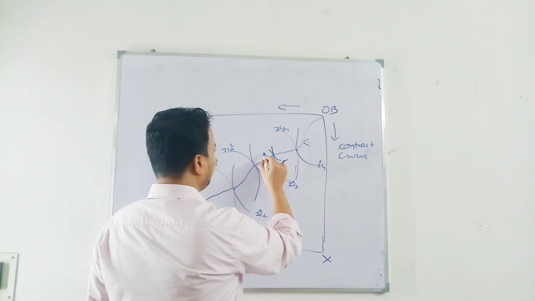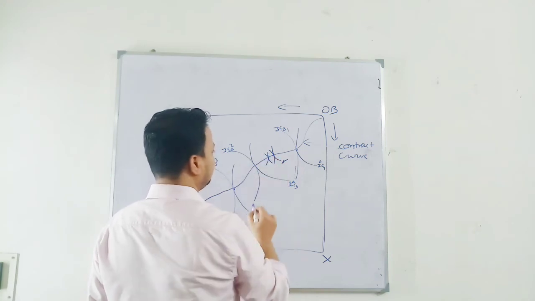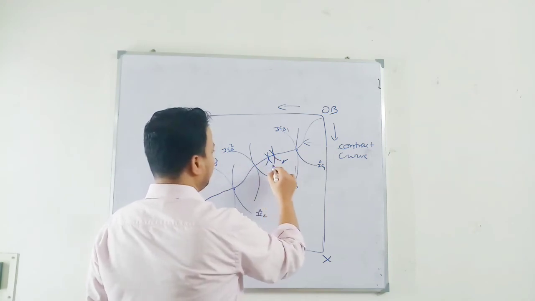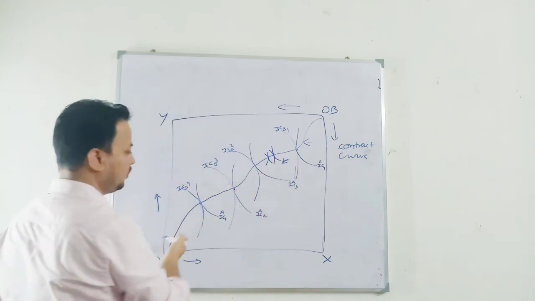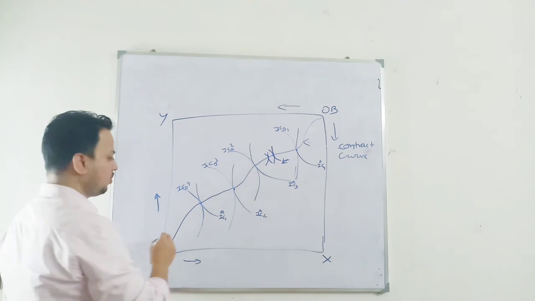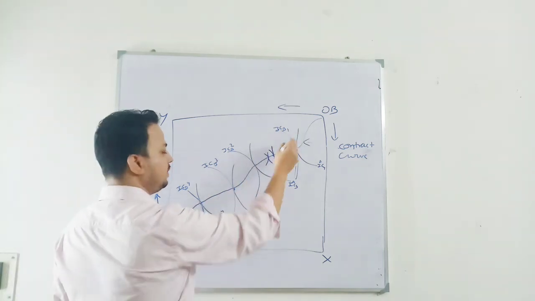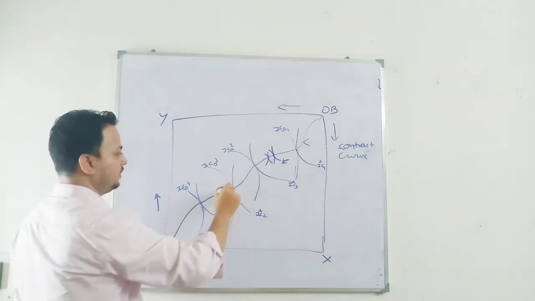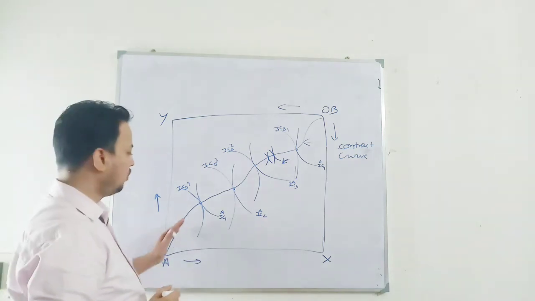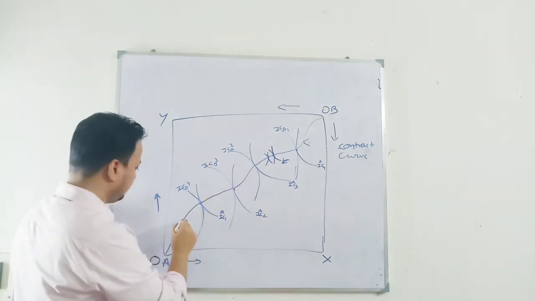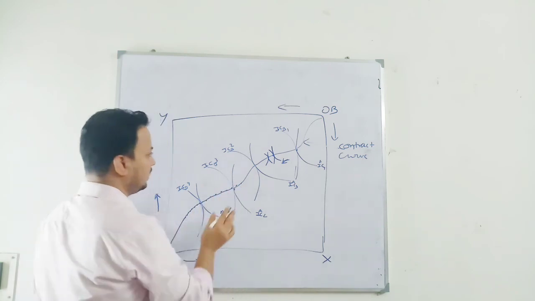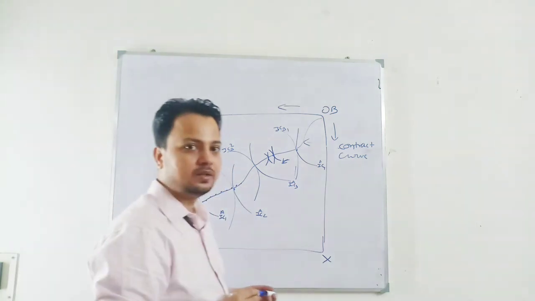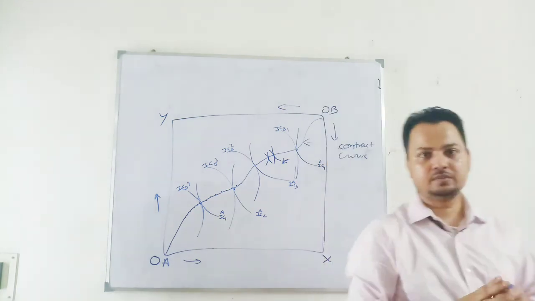You move from here to here, and B is getting better off because I'm moving in this direction. This contract curve has infinitely many tangencies like this. So all points along this contract curve are Pareto efficient. Any point outside this contract curve, a Pareto improvement is possible.